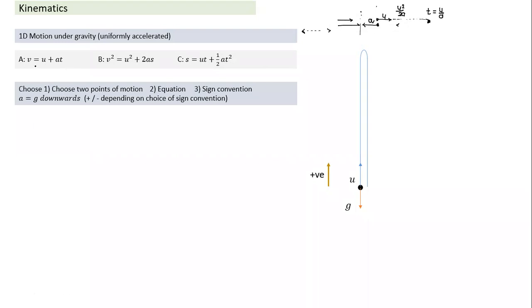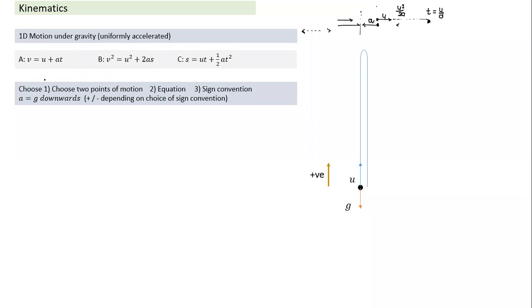This motion applies to two different points of motion, different states of motion. So we need to choose which two points of motion the equation is applied to. When we say u and v, the motion happens in a particular direction in terms of time. When we choose those two points, this is the first point velocity, this is the second point velocity. s indicates the displacement of the second point with respect to the first point, a is the acceleration, and t is the time it takes to move from the first point to the second point.